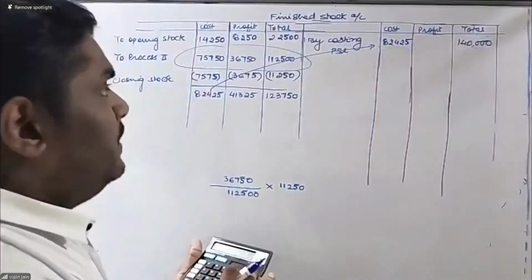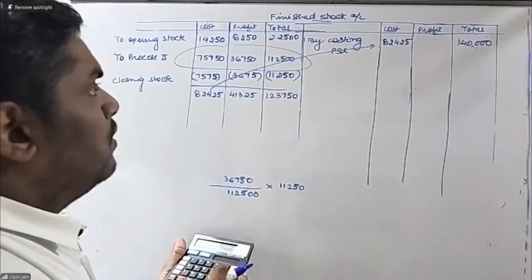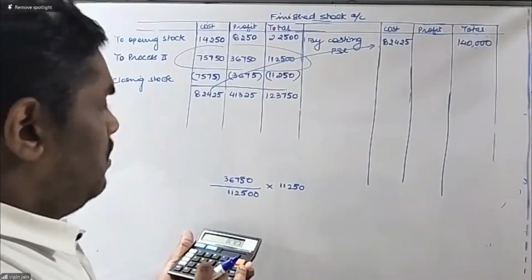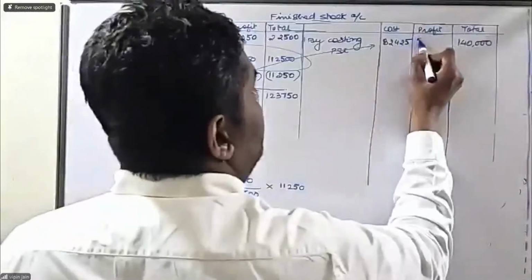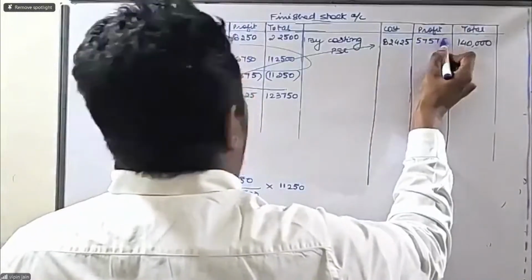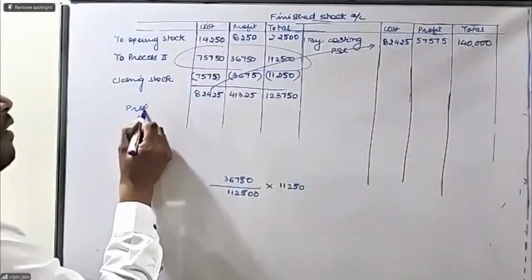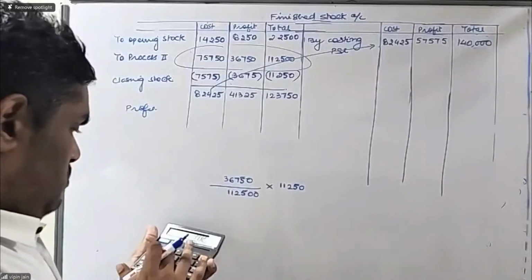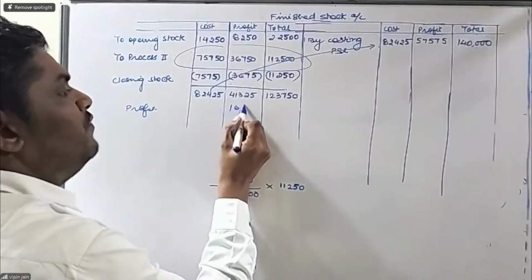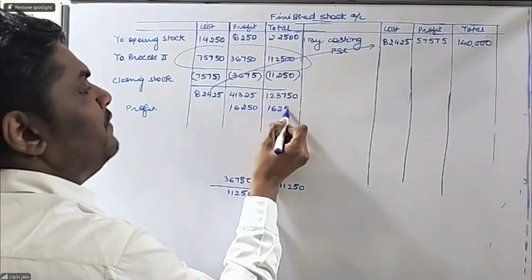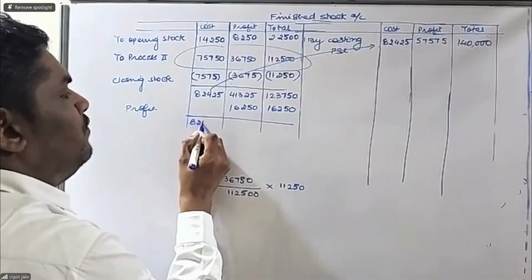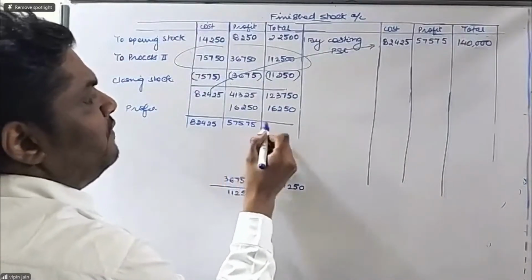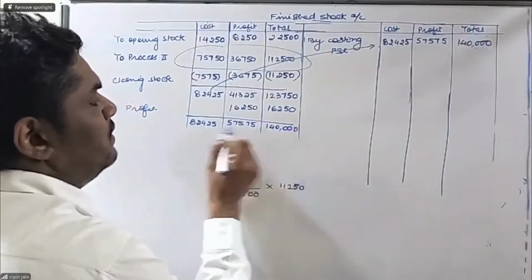So my overall profit will be how much? 57,575. This will be 16,250, 16,250, 82,425, 57,575, and 1,40,000.